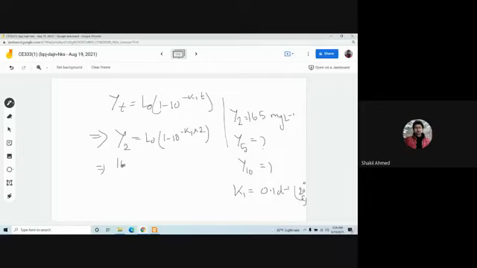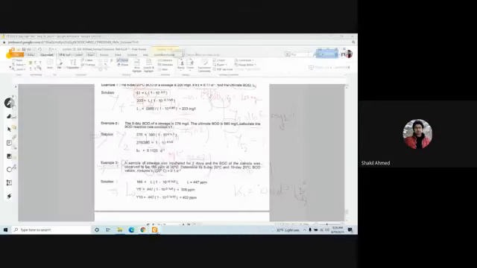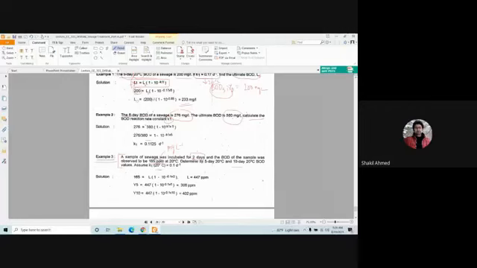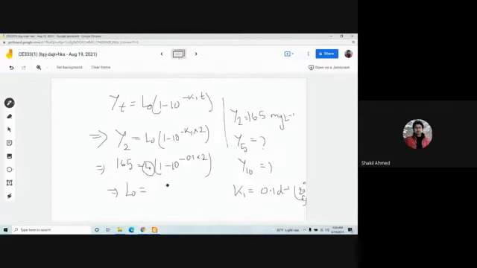So 165 equals L0 times (1 minus 10 to the power minus K1 into 2), where K1 is 0.1. The only unknown is L0 here. Tell me the value of L0, please. This will be 447 milligram per liter.